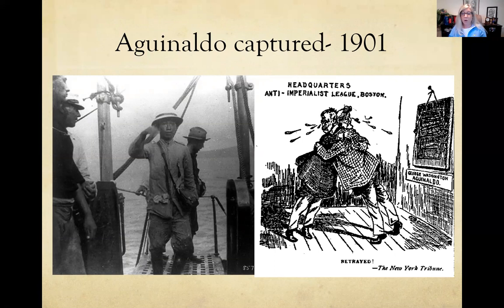So when Emilio Aguinaldo is captured, the war with the Philippines is over, and the United States is now in possession of the Philippines. But again, do the people of the Philippines really want to be part of the United States? So the person who's going to be put in charge of trying to rebuild physically, right? Because we've been fighting a war there.